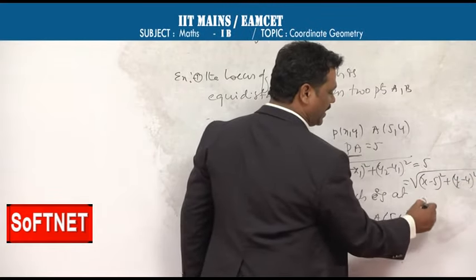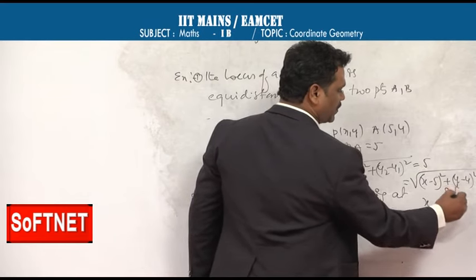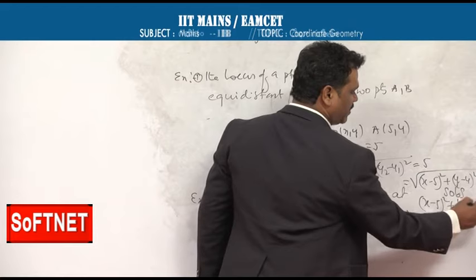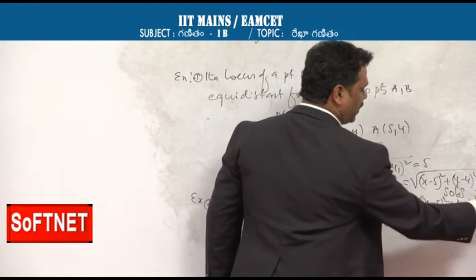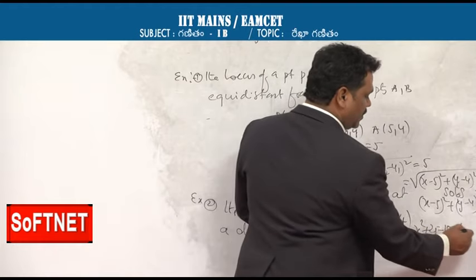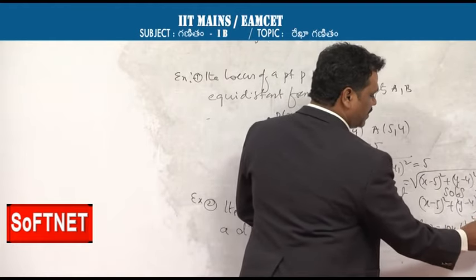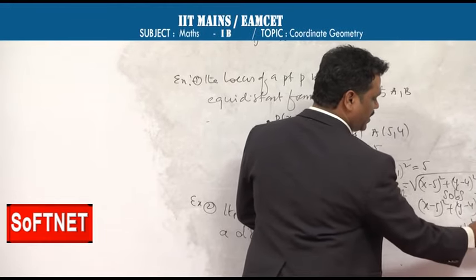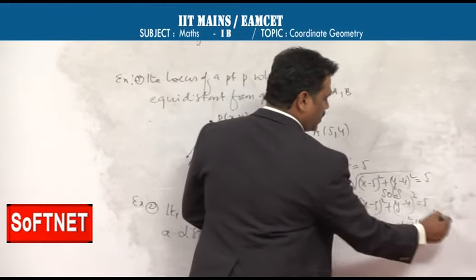Squaring on both sides we get x minus 5 whole square plus y minus 4 whole square equal to 25. That gives x square plus 25 minus 10x plus y square plus 16 minus 8y equal to 25.